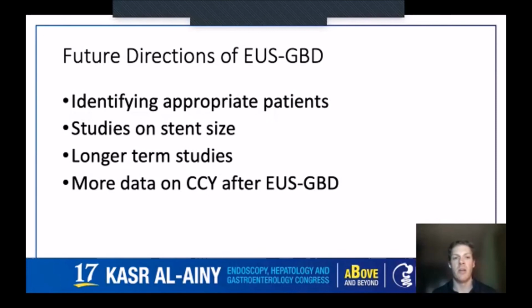And longer-term studies evaluating the efficacy, safety, and adverse events of EUS-guided gallbladder drainage are definitely needed. We also need more data on cholecystectomy after EUS-guided gallbladder drainage, particularly if we hope to adopt this therapy to a much wider or more diverse patient population.